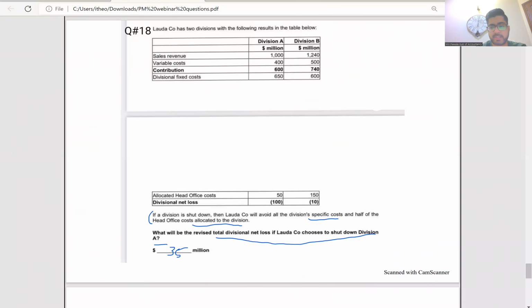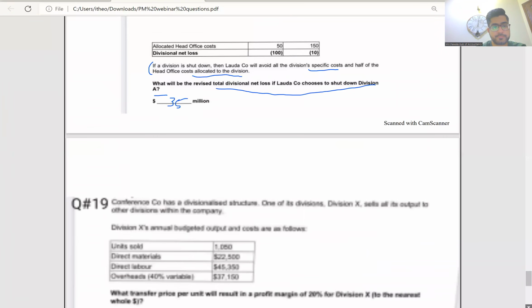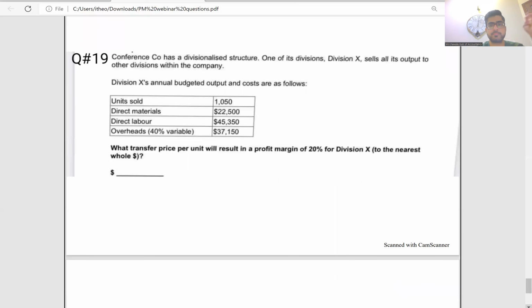Okay, second last MCQ now. It's a very easy question.